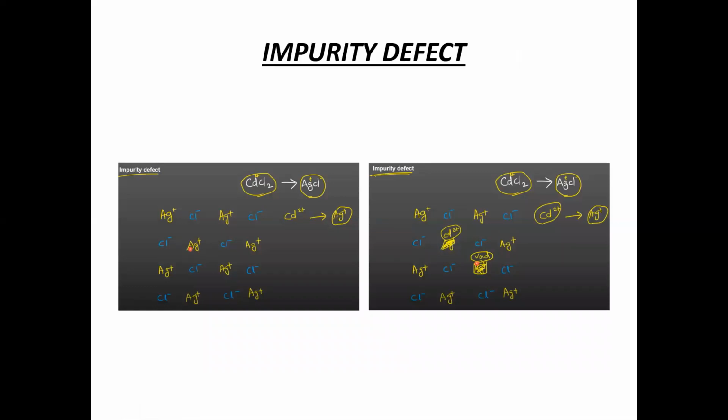Next one is the impurity defect. We are adding cadmium chloride to AgCl. Cadmium is in the 2+ oxidation state, but Ag is in the +1 oxidation state.